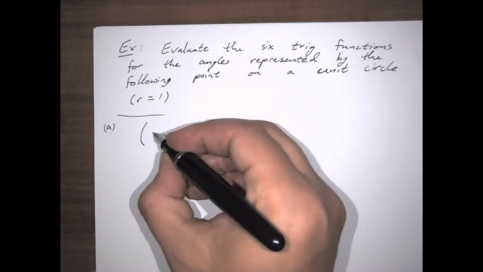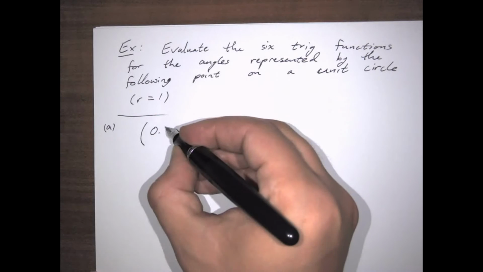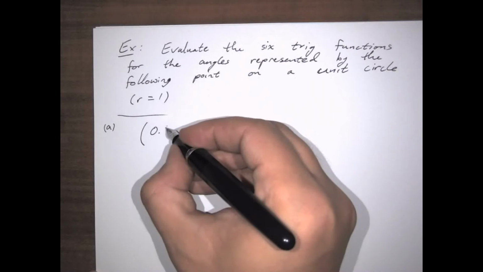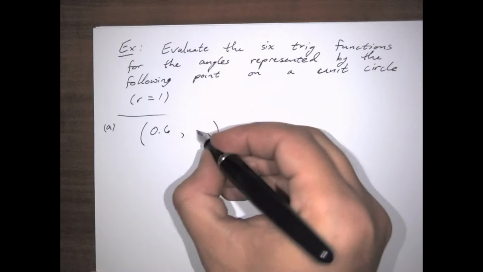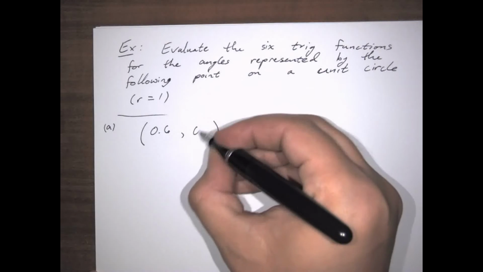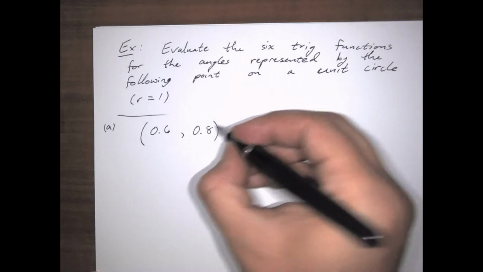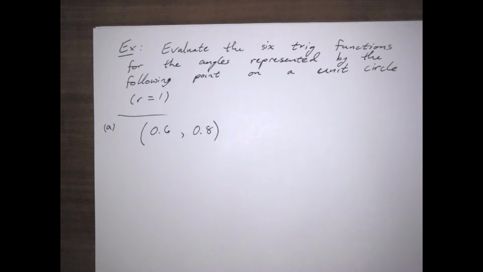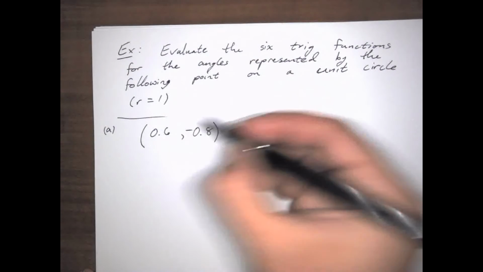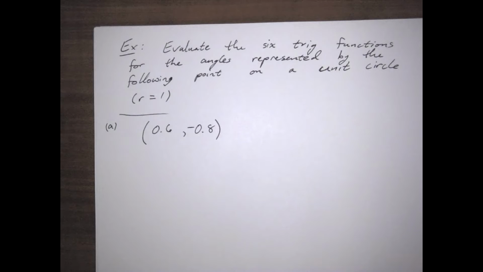So let's go with 0.6 comma 0.8. Actually, go ahead and make the 0.8 negative. It's good to have some negatives in here, just so we don't get complacent.